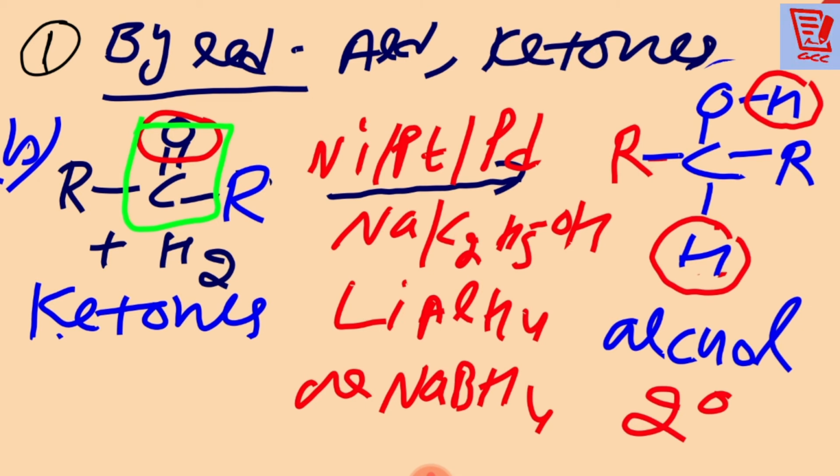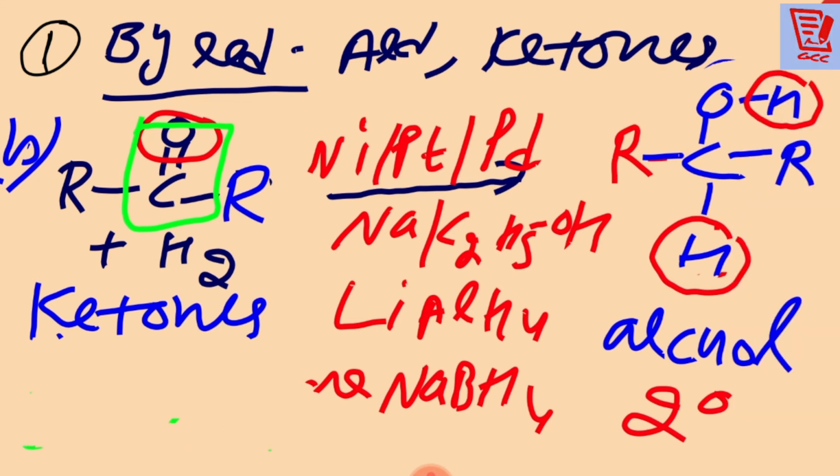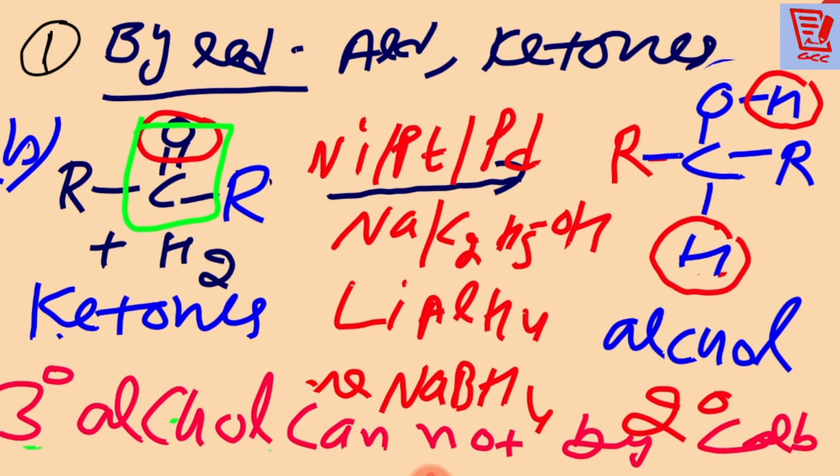Just remember, a tertiary alcohol cannot be prepared by the carbonyl compound, meaning by the aldehyde or ketone. Clear? Just remember it. Okay, students.